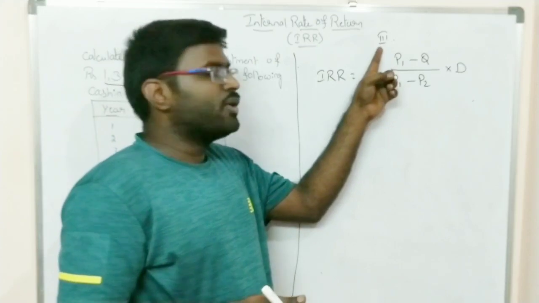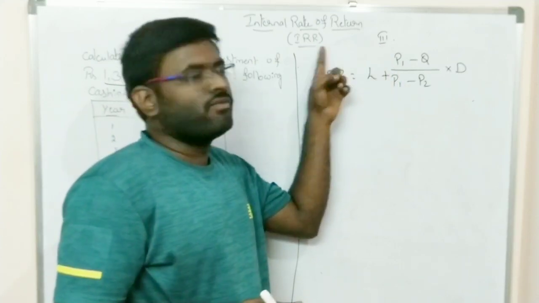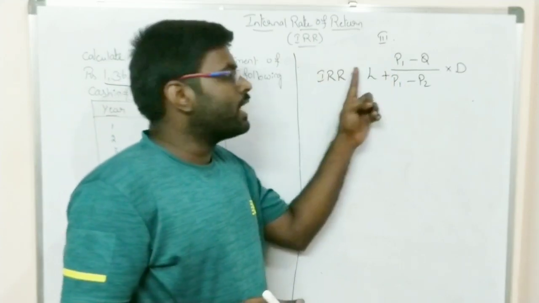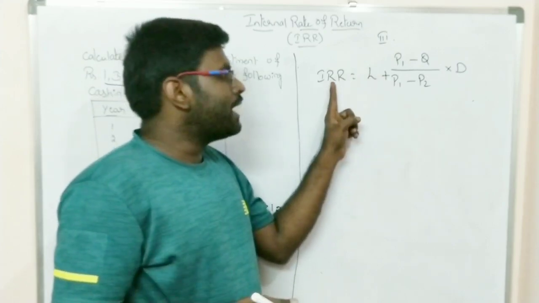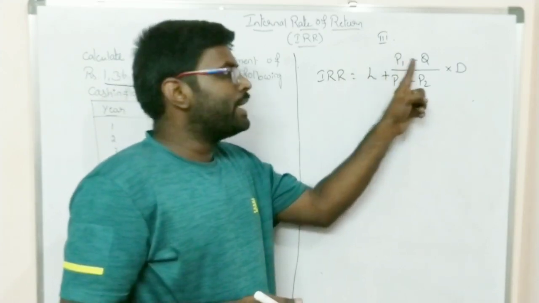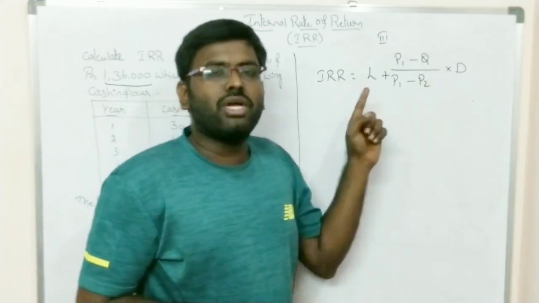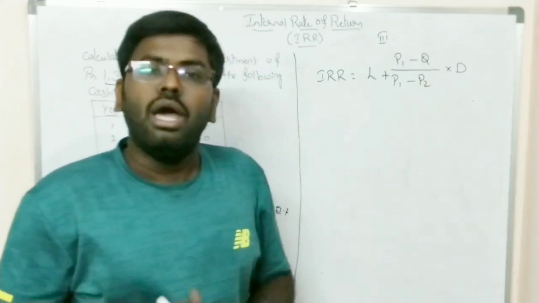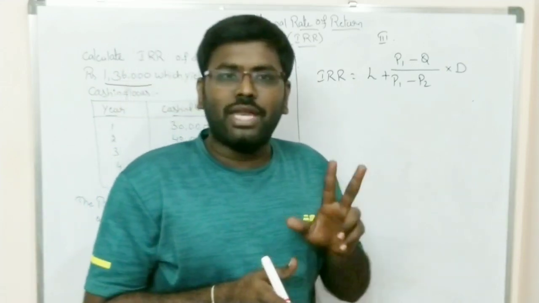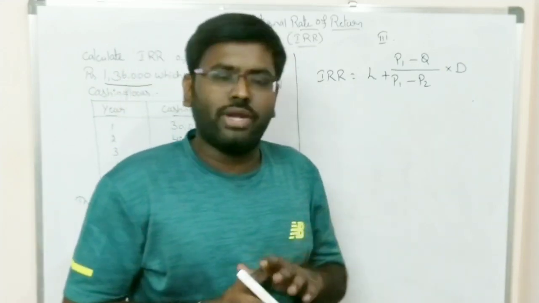The third step in the calculation of internal rate of return is the calculation of IRR with this formula. IRR is equal to L plus (P1 minus Q) divided by (P1 minus P2), into D, where L stands for the lower discount rate, since we calculated NPVs twice with two different rates.